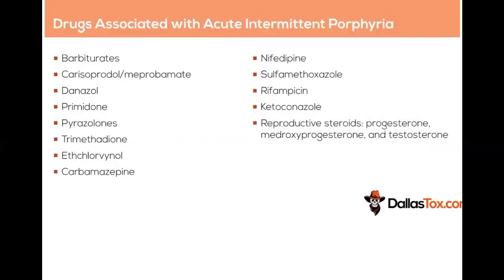Now there's a lot of drugs here, but friendly tip: just memorize your barbiturates and your sulfamethoxazole. Memorize barbiturates, memorize sulfamethoxazole, your sulfonamides. So always remember this dictum: barbiturates and sulfonamides are contraindicated in patients with porphyria.